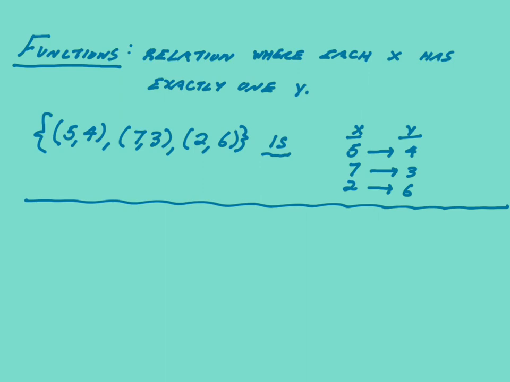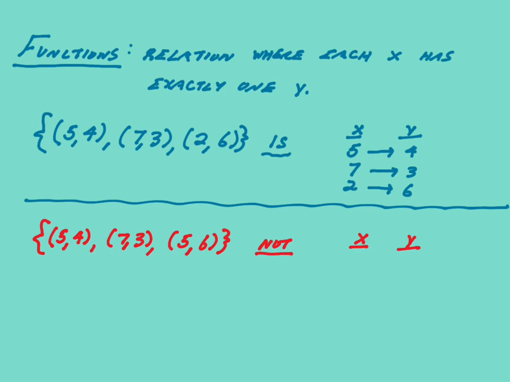Let's show you something that's not a function. So let's do 5, 4 again. Let's do 7, 3. And let's do 5, 6. This is not a function.